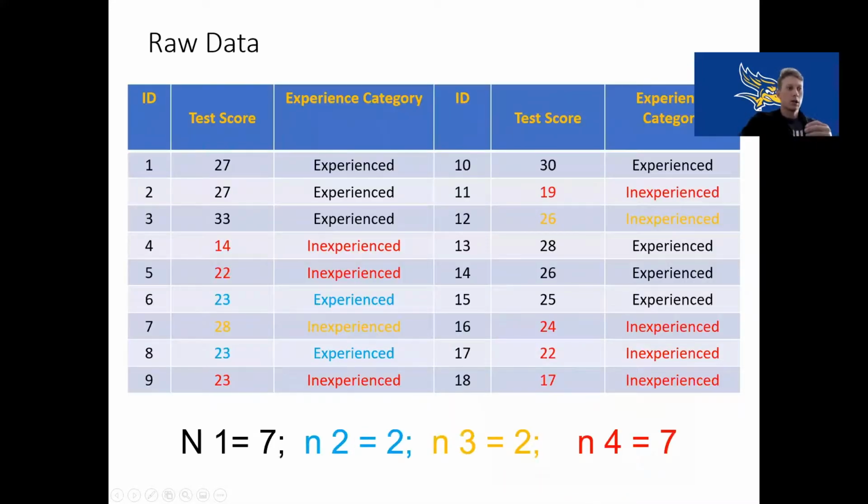Here we see that we have 7 players that are categorized as experienced and pass, and 7 that are categorized as inexperienced and don't pass, as well as 4 that failed but were categorized as experienced, and 2 that passed but were categorized as inexperienced.